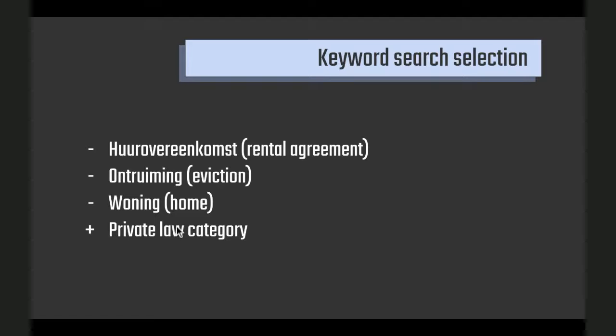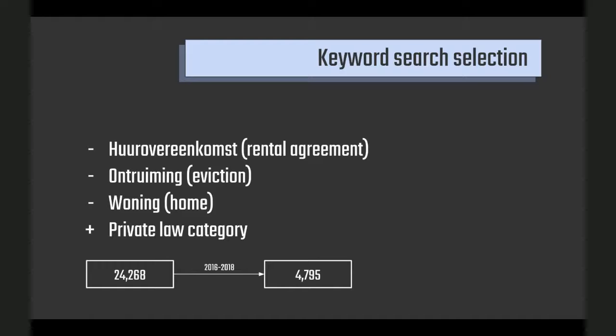And we found within the 591 cases that no two of these terms covered all of the cases. So we really had to have all three. From there we still got more than 24,000 cases, which is quite a lot. So at first we narrowed down the selection, just to be able to work with it more easily, to 2016 to 2018 cases, so those three years, and there were almost 5,000 cases there.